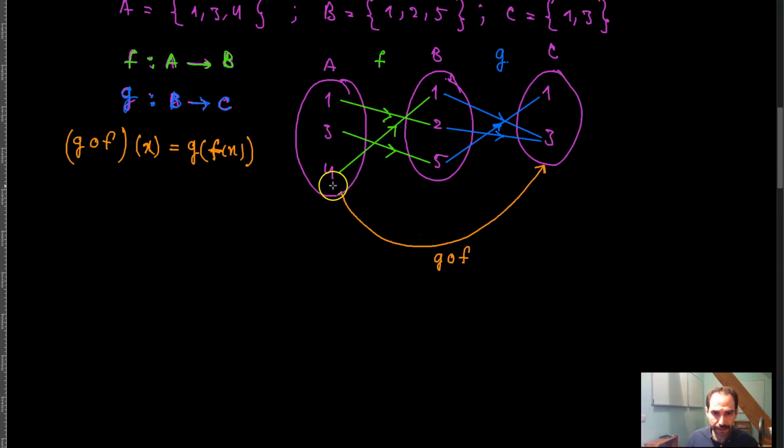Which means that, for example, you see that f of 1 is equal to 2 and g of 2 is equal to 3, right?